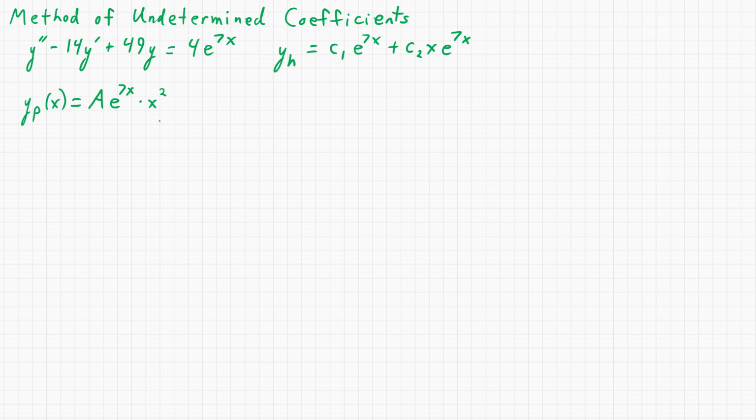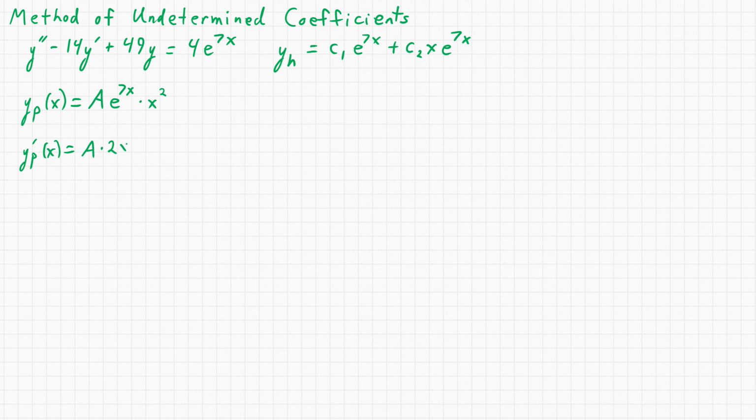This should work. We can actually go through the problem and figure out what the a is and solve for the particular solution. So let's go ahead and do that. So we have y particular prime of x. All right, take a derivative. So we have a, let's do the x part first.